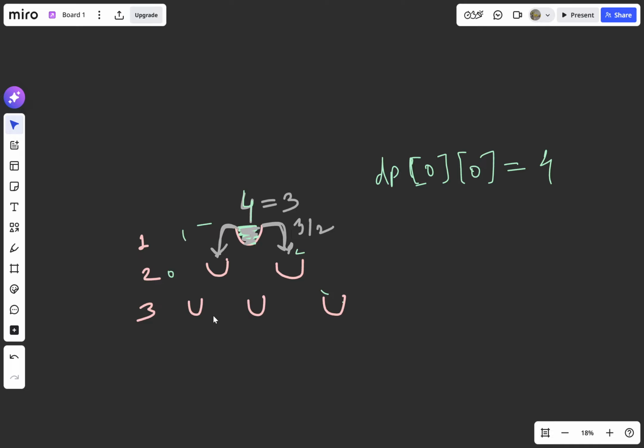Then for the leftmost and the rightmost glass, we have the special conditions. For these glasses we have only the left one, and for this we have only the right one.